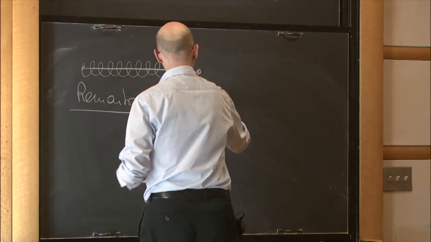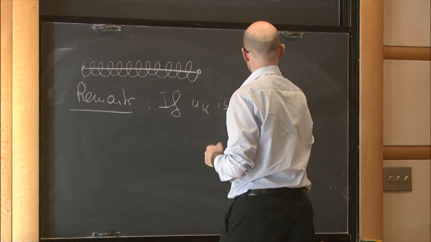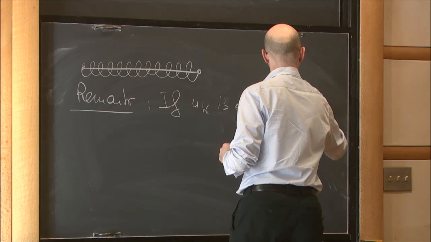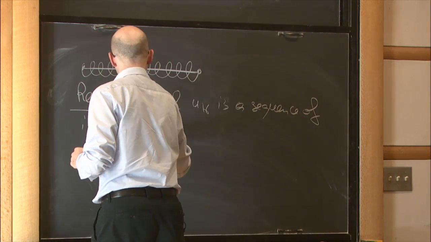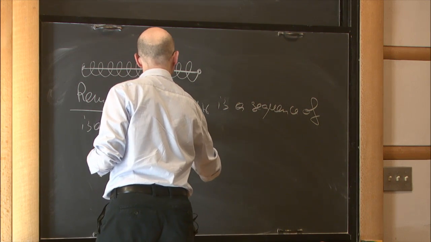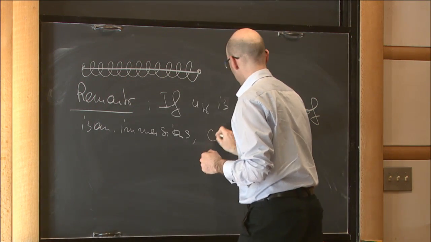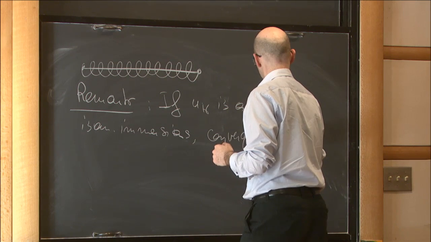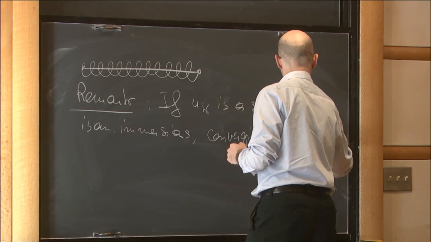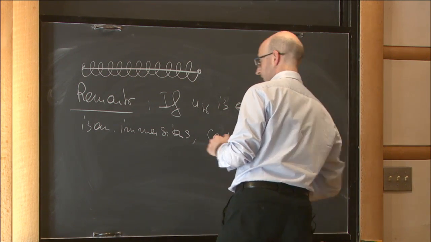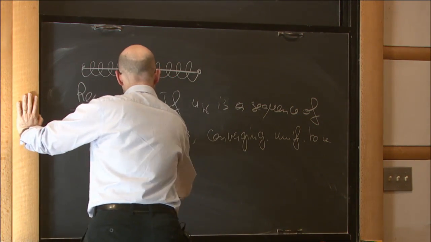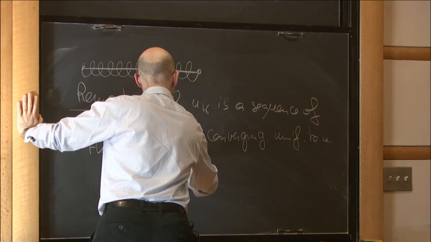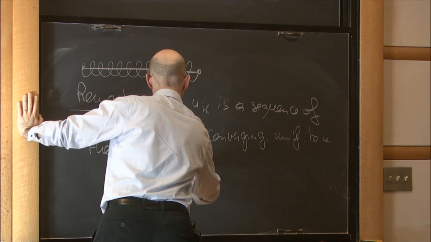If u_k is a sequence of isometric immersions converging uniformly to some u, then what is happening is that u is a short map.